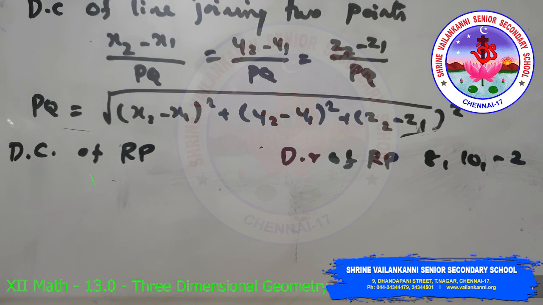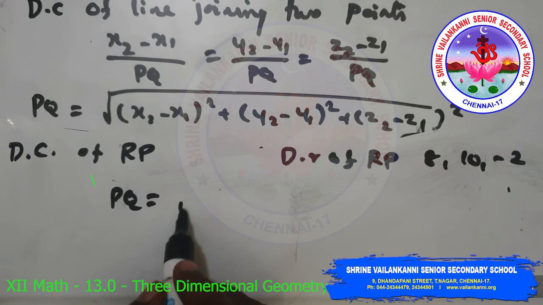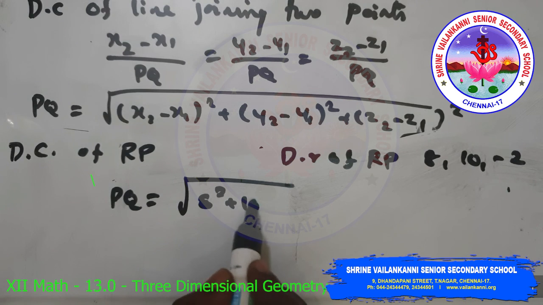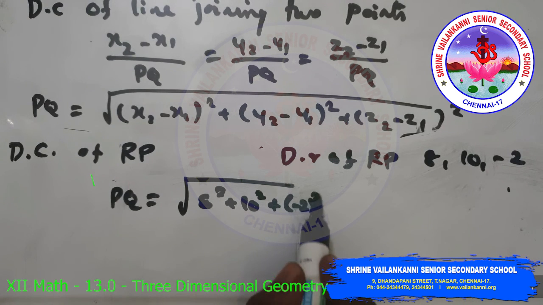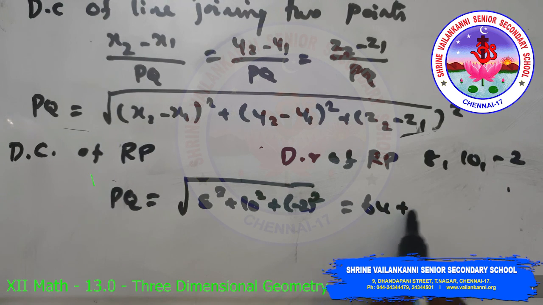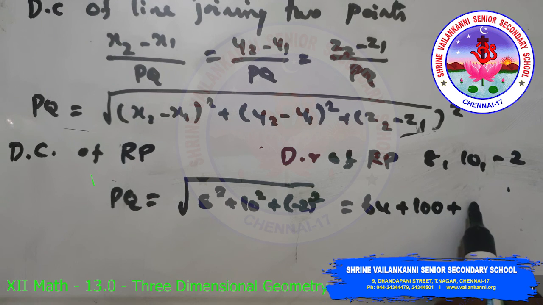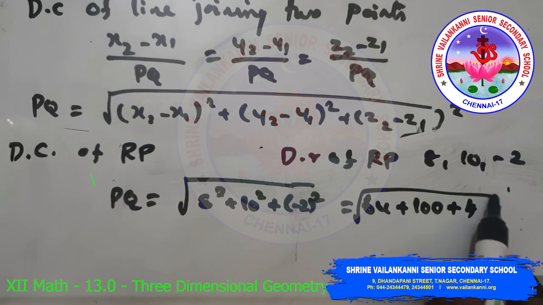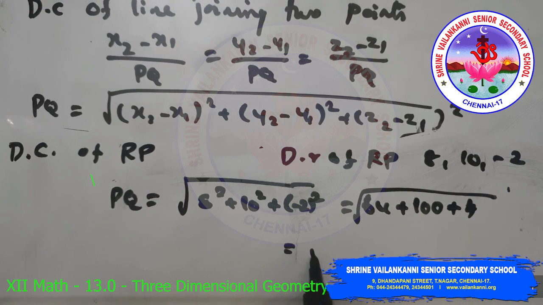Now we have to find DCs of RP. So DRs of RP are 8, 10, minus 2. So RP is square root of 8 square plus 10 square plus minus 2 whole square, which is 64 plus 100 plus 4. So we get root of 168.